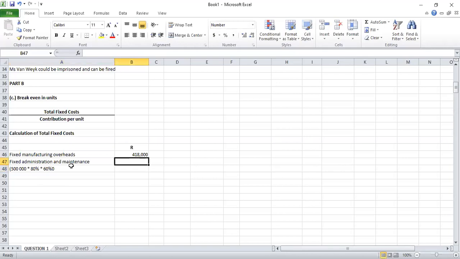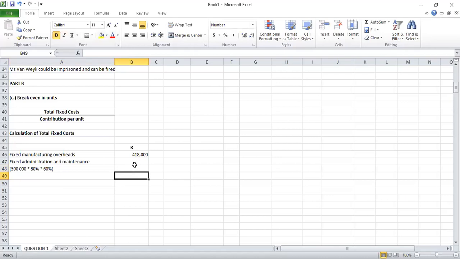What do we get? 240,000. Right. So that means our total fixed costs are 658,000.